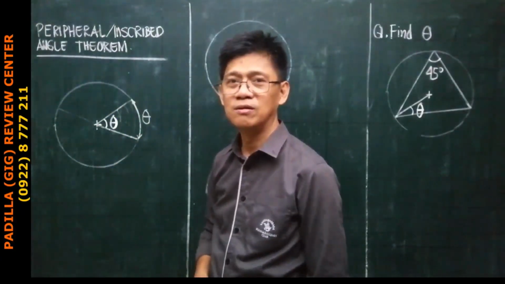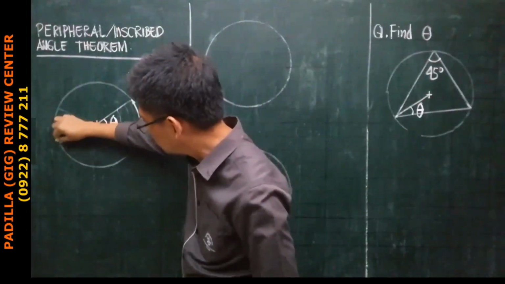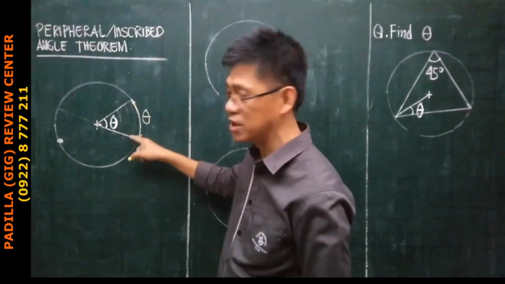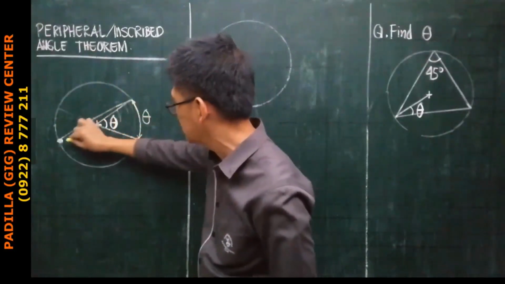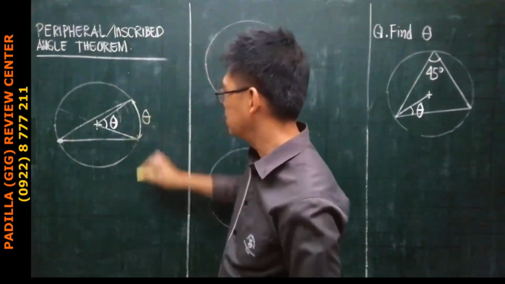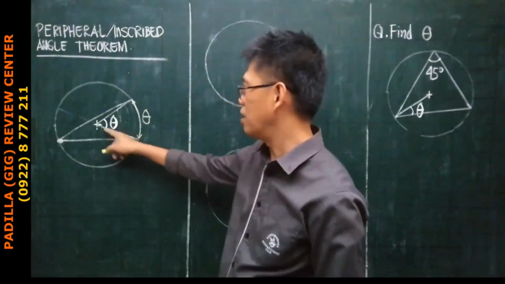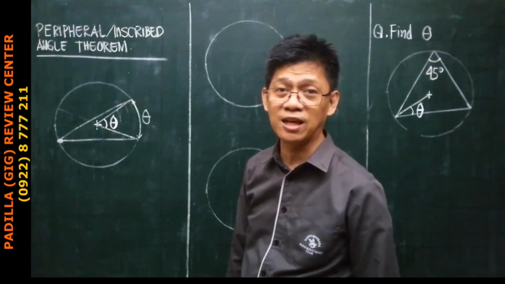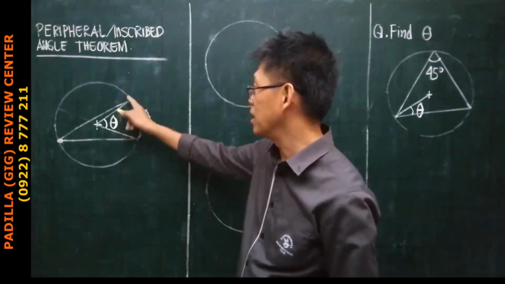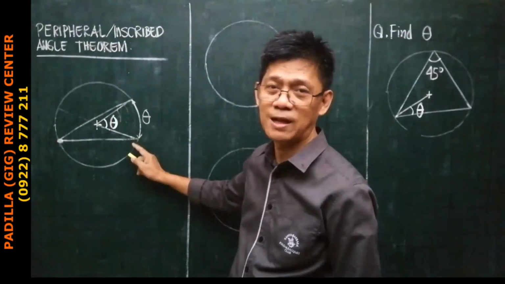For example, let me choose this point as the vertex, opposite this arc. The angle subtended by this arc about the center is the central angle theta.